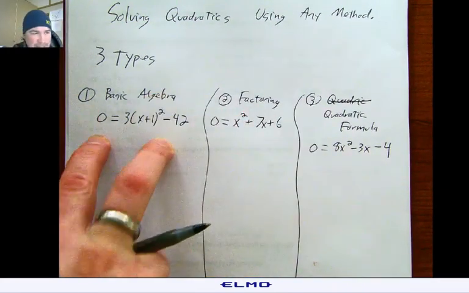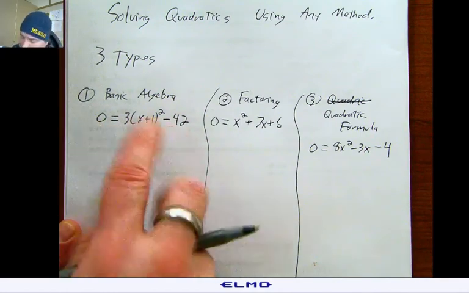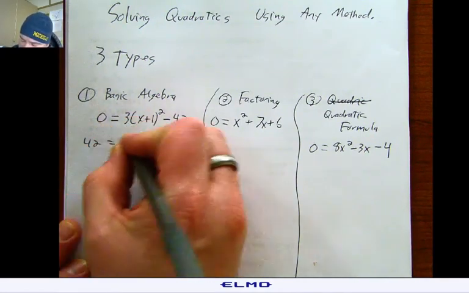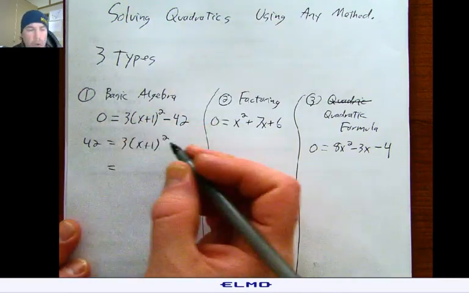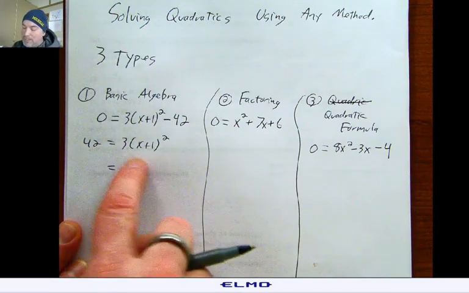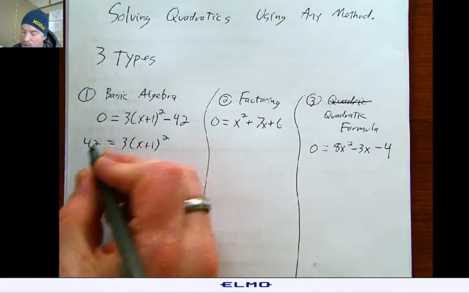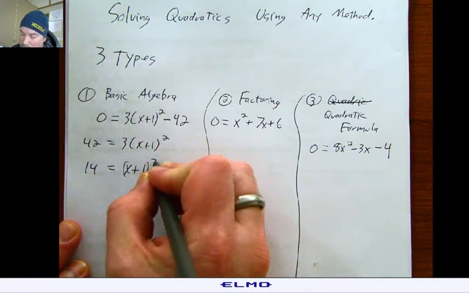But if you're going to use basic algebra for one like this, set equal to 0, you'd first add 42 to both sides, and then you'd divide both sides by 3, and 42 divided by 3 is 14, equals x plus 1 quantity squared.